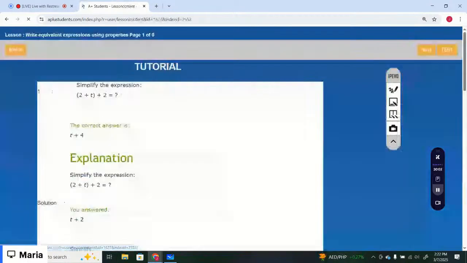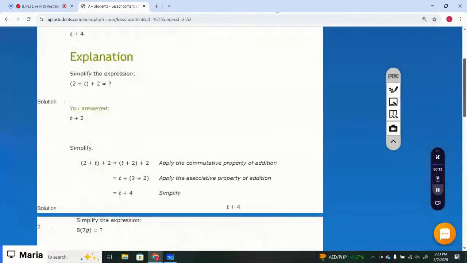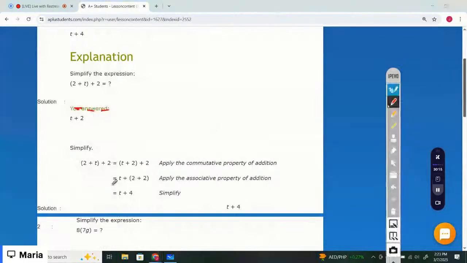Simplify the expression 2 plus t plus 2. You have to apply the property, then you have to simplify. That is t plus 2 plus 2. So 2 plus 2 makes 4. That is t plus 4.